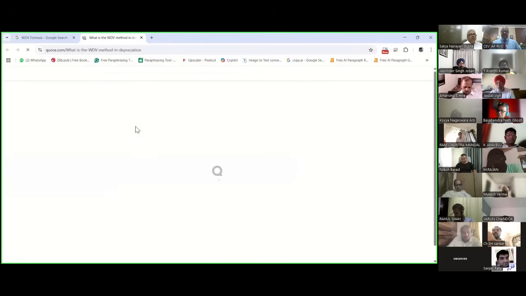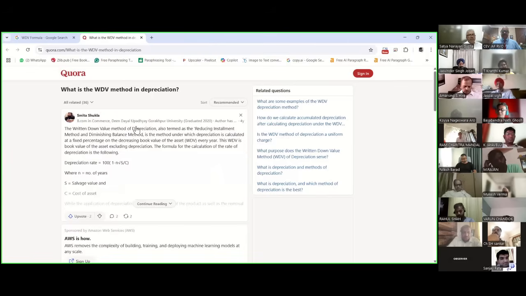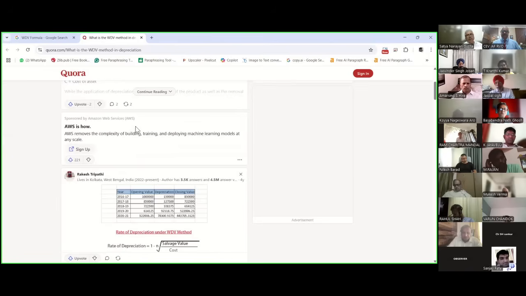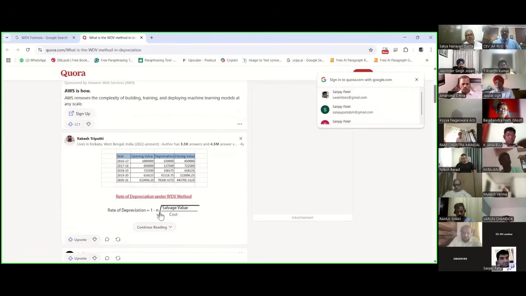Right. 1 minus under root of n, salvage value or scrap value divided by cost. Okay. Whoever wants to write it down, write it. Those who are appearing for the examinations.